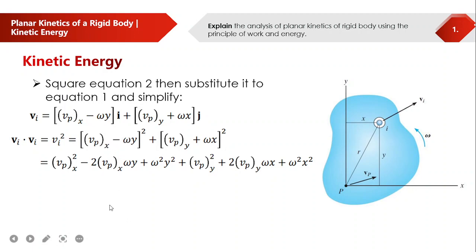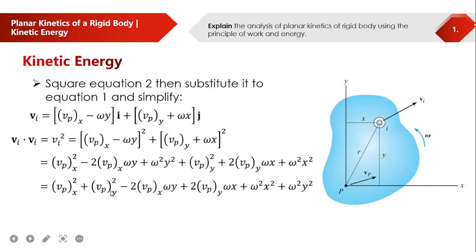So that will be v sub p sub x squared minus 2 v sub p sub x omega y plus the second term squared, omega squared y squared, plus the squared first term of this one, v sub p sub y squared, plus twice the product, 2 v sub p sub y omega x, plus the squared second term, omega squared x squared.